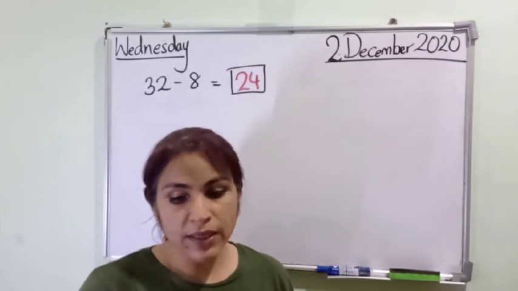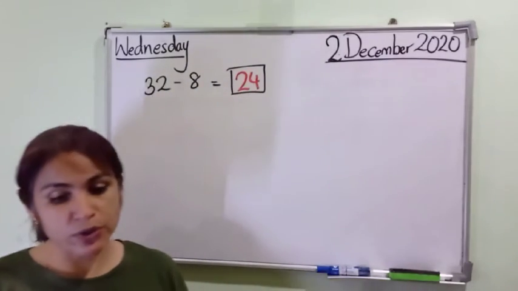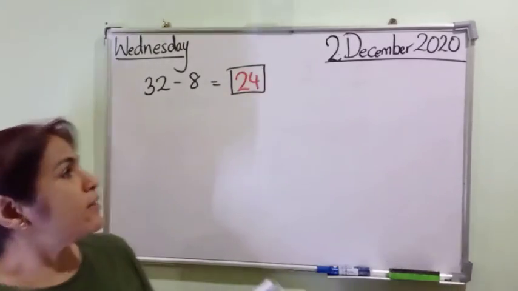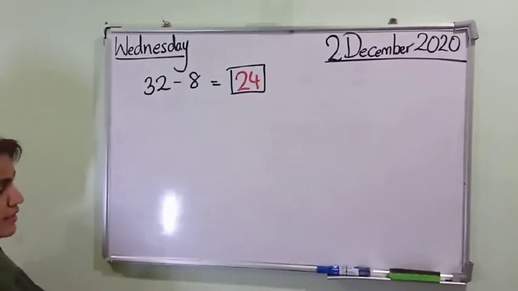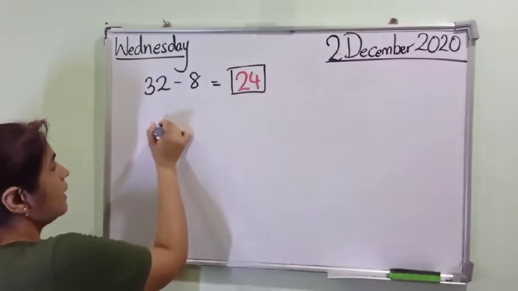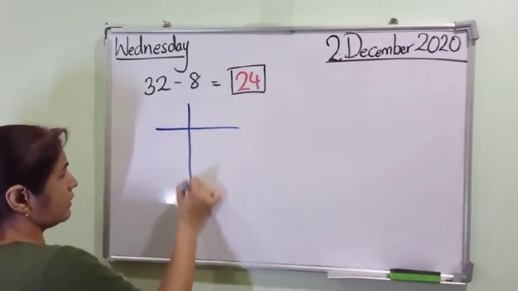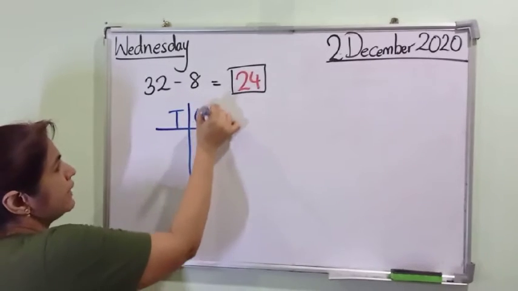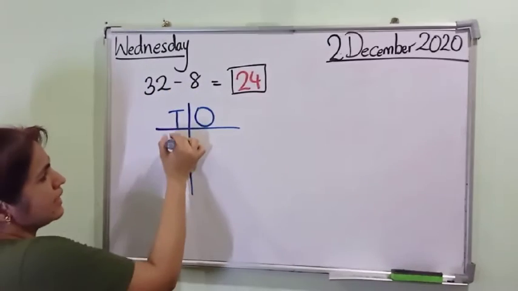Now the thing here is, how are you going to have this in your tens and ones table? So you will be drawing tens and ones table, placing the numbers in tens place.